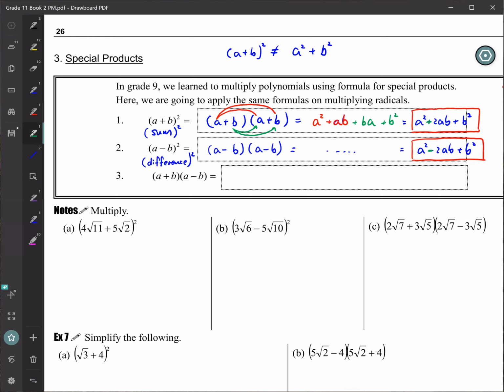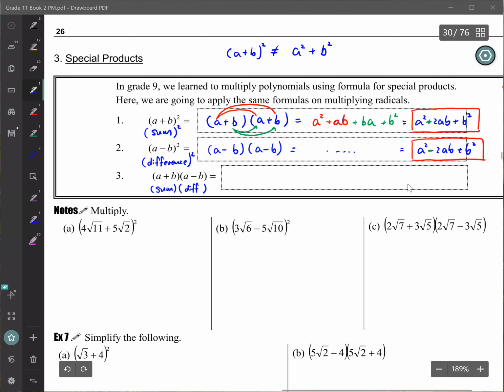We have the last one. The last one is the sum, first bracket is sum times the difference. Same thing, please expand this one. Once you figure that out, you can raise your hand. Multiply one by one.